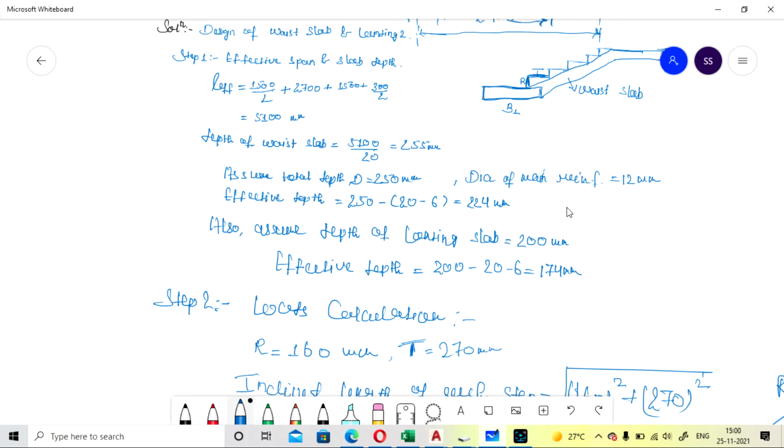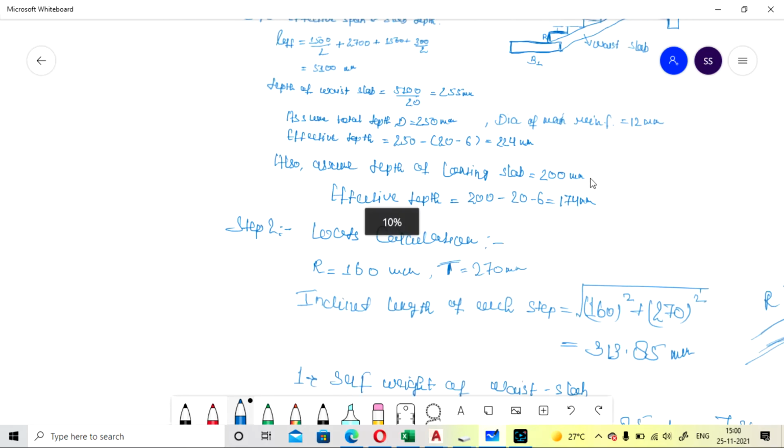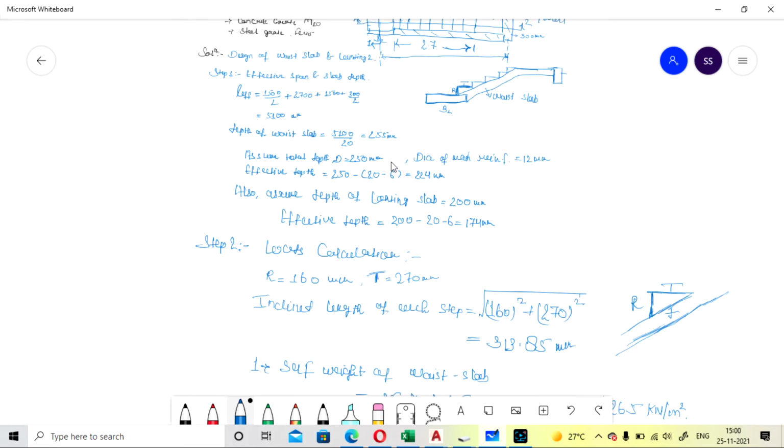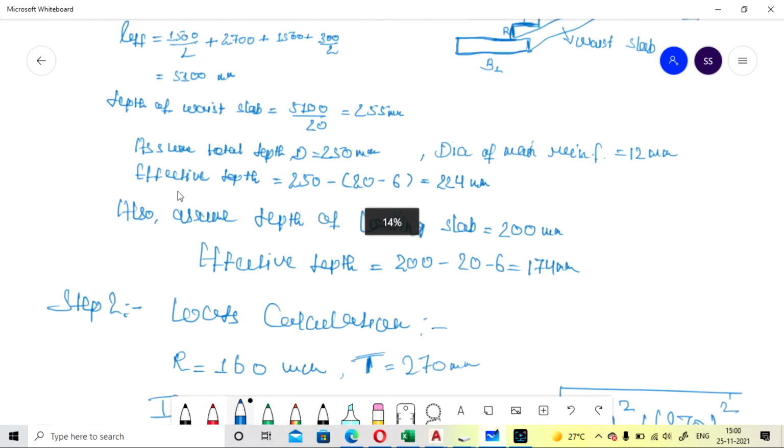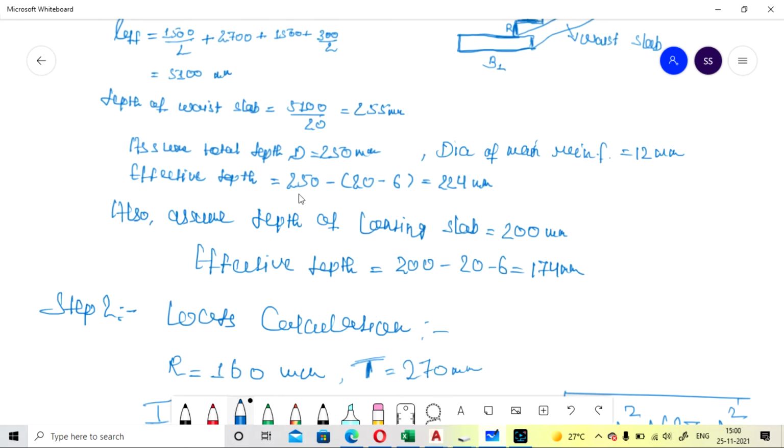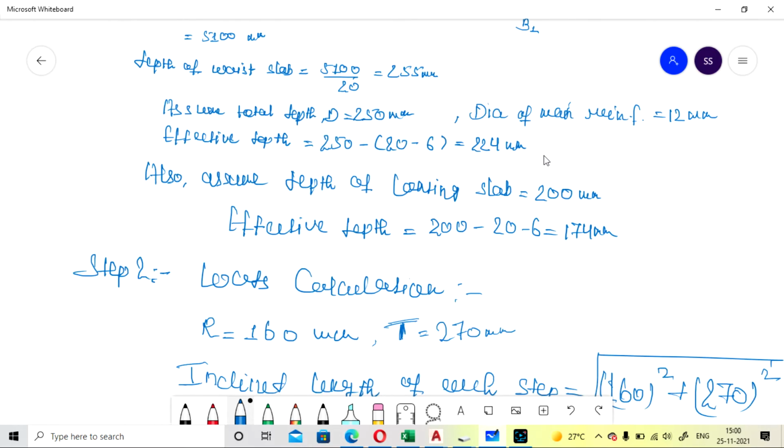We are going to consider 12 mm for all the waist slab and landing as main reinforcement. So effective depth will be calculated as total depth minus clear cover minus dia of the bar by 2, that is the center of the bar, so it will come as 224 mm.